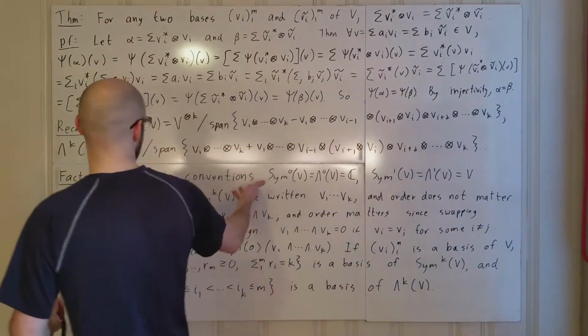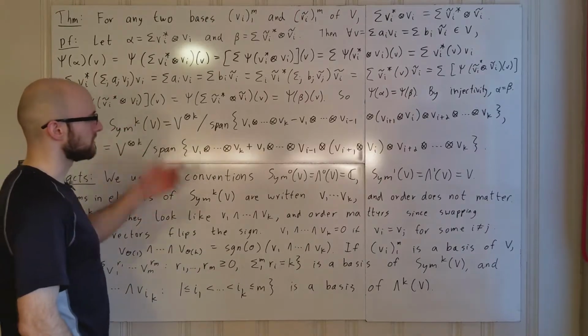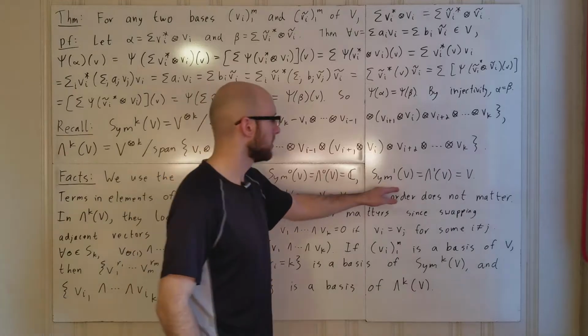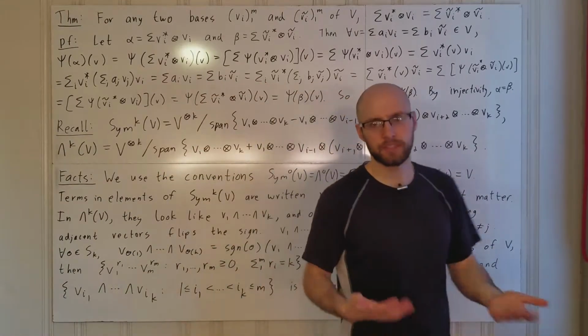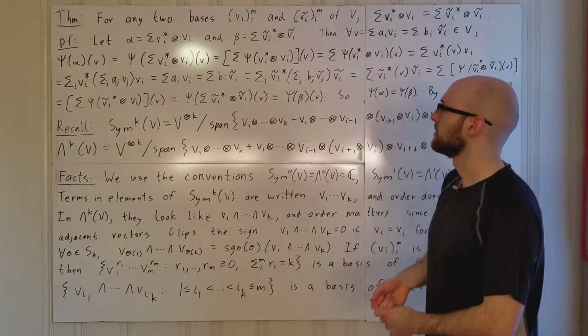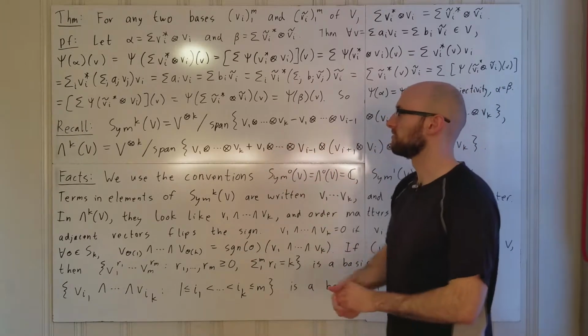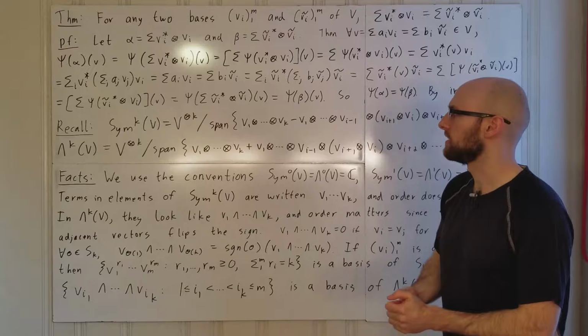So we use the conventions. When k is 0, both of these things are just the complex numbers. When k is 1, you're just going to have the space V, and that sort of makes sense because these quotients don't really make sense at all.